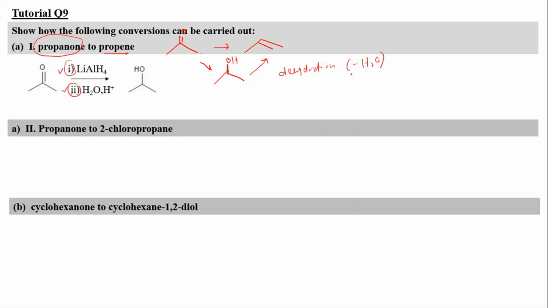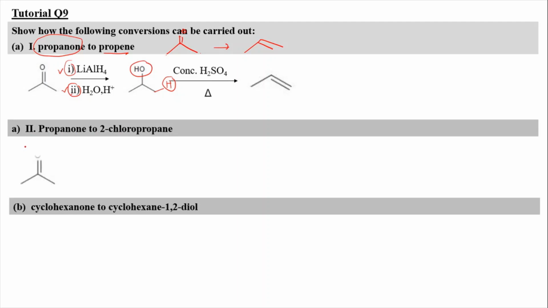Okay, so the reagent that I need is concentrated H2SO4, and this needs to happen at high temperature. So I'm going to remove the hydrogen here and OH here in order to make my double bond. Okay, so once I do that, I'm going to get my alkene, which is my propene. Okay, so this is how you show the conversion.